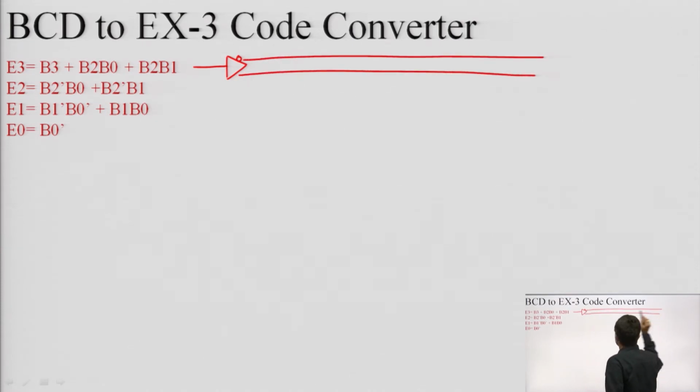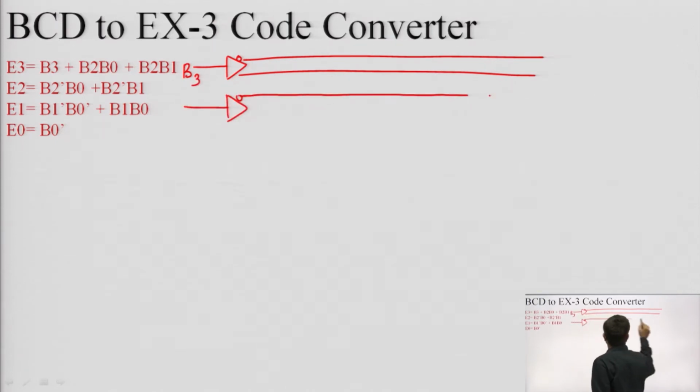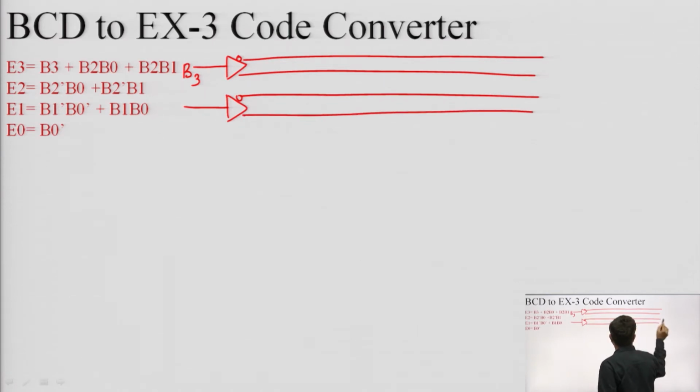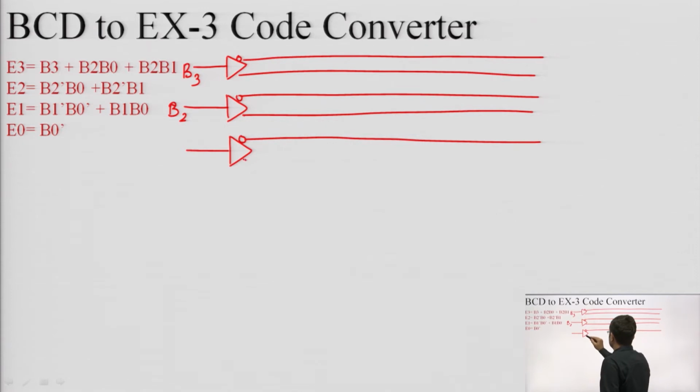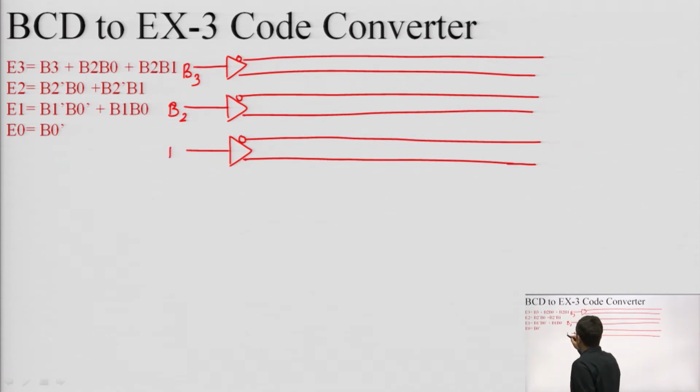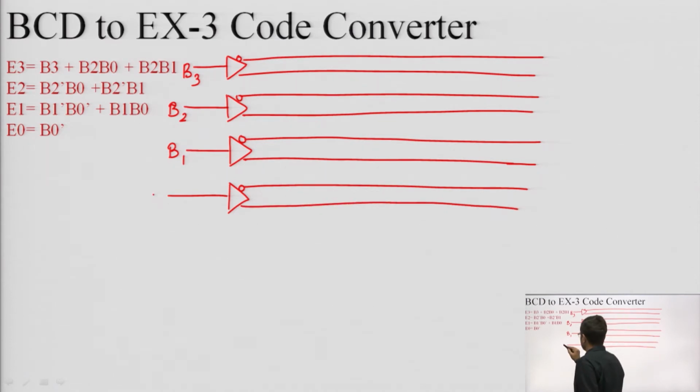This will be B3, then the second input B2, this will be B1, this will be B0.